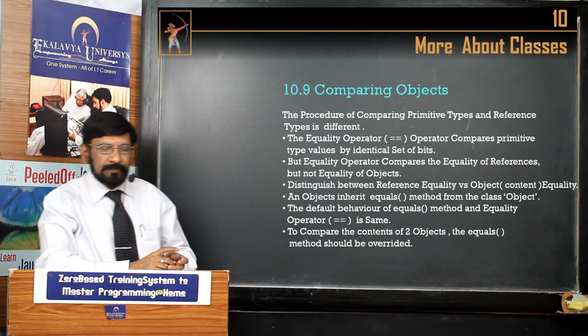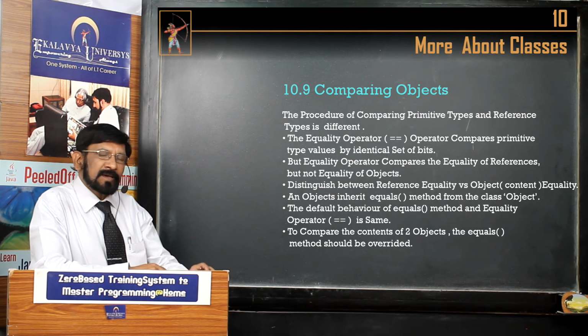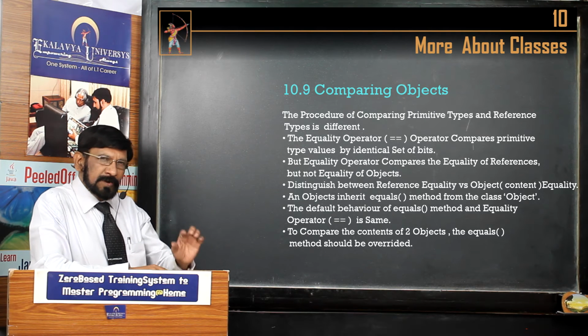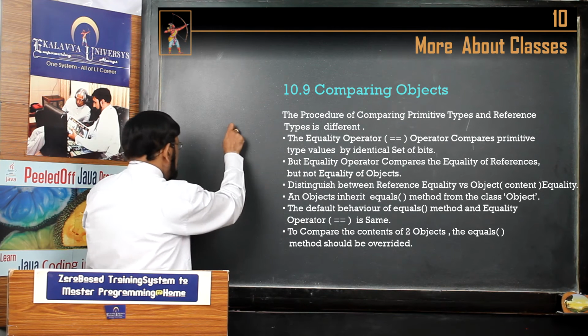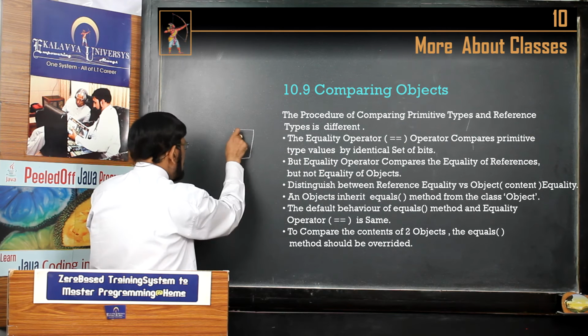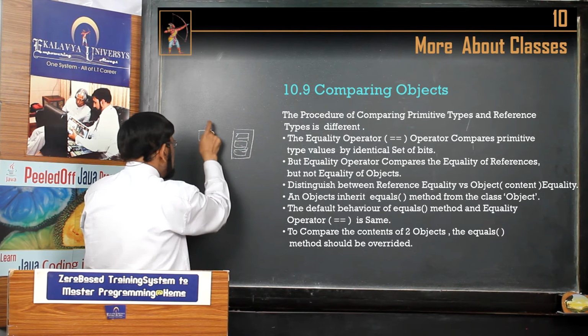Now, our topic is comparing objects. Actually, here the procedure is entirely different. In primitives, only one unit is there, one variable. But as far as objects are concerned, as we have already seen in many programs, the structure is like this. One real object is there, and there is an object reference. This is the object, and this is the object reference.